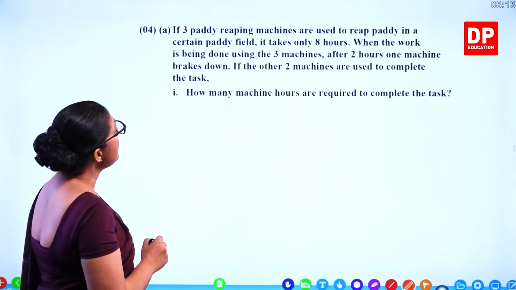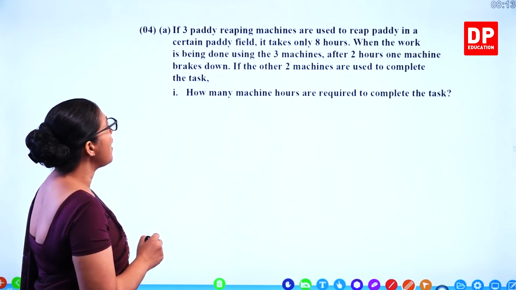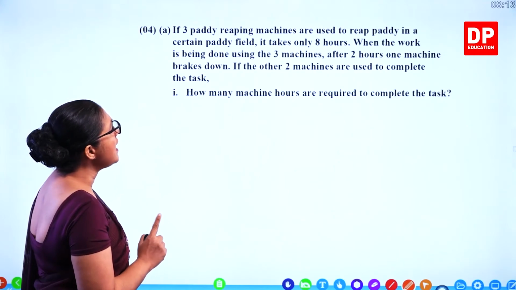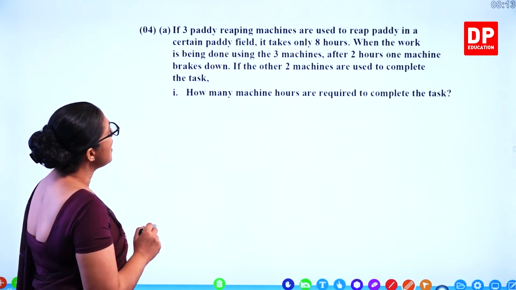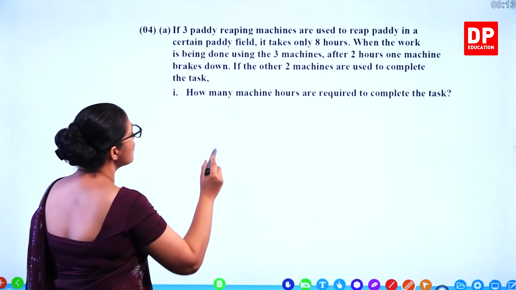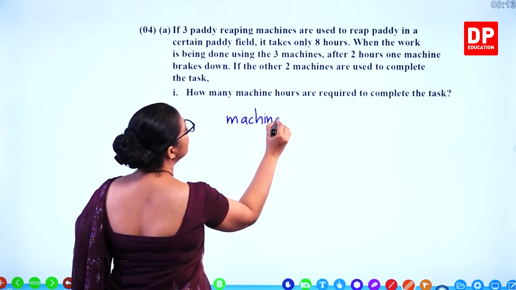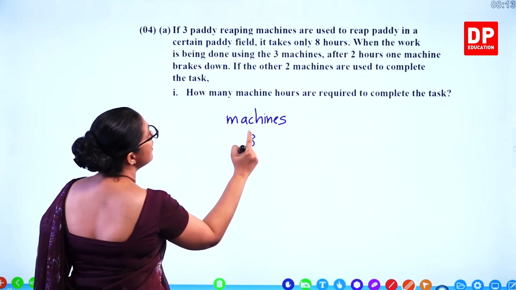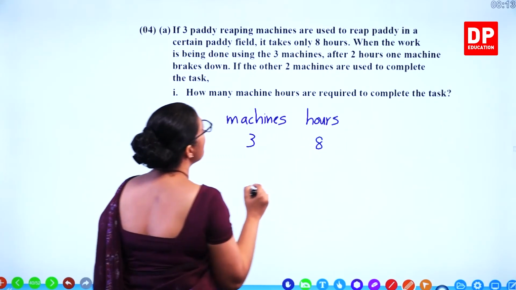If 3 paddy reaping machines are used to reap paddy in a certain paddy field, it takes only 8 hours when the work is being done using the 3 machines. So number of machines 3 and hours 8.